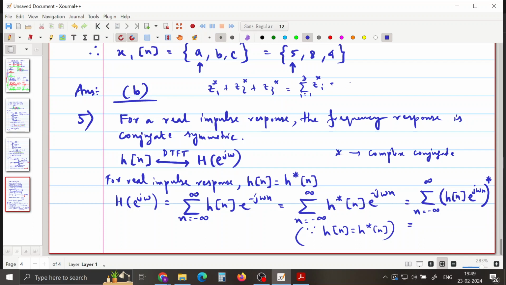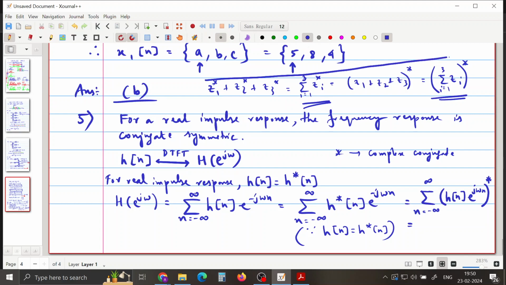This is the same as adding them first without taking conjugate and then taking their whole conjugate, which is the same as summation zi, i running from 1 to 3, that whole conjugate. This thing and this thing, they are the same, right? So that property if you use, this is just an aside, just for illustration purpose. This is rough work, okay?